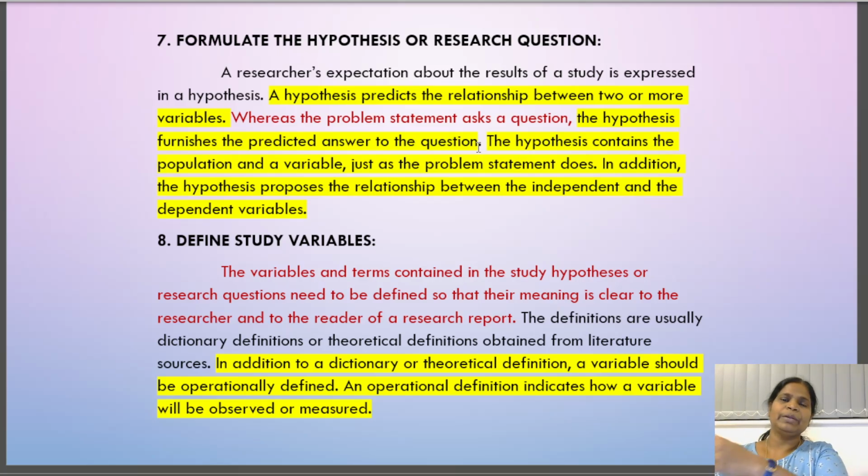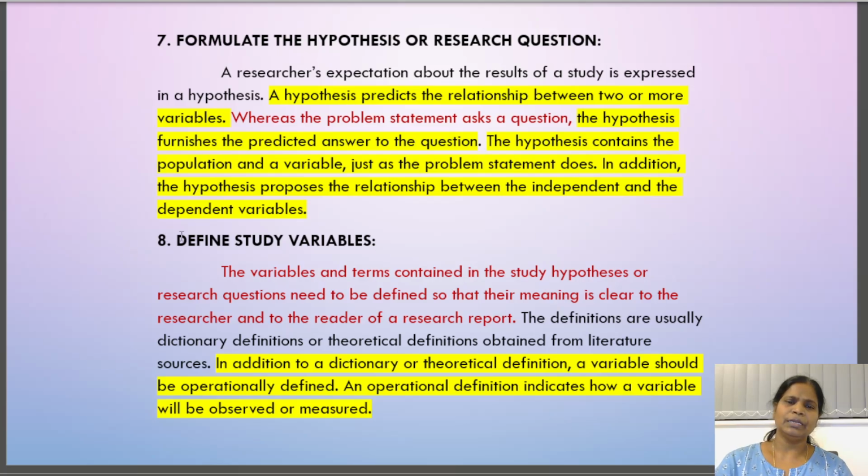So the depression patients might be suffering with these problems. So this is your assumption. You say there will be a significant difference in depression patients after providing these mind, body, spirit based interventions. So a hypothesis contains a population and a variable, not just a problem statement. It also proposes a relationship between the independent variable and the dependent variable.